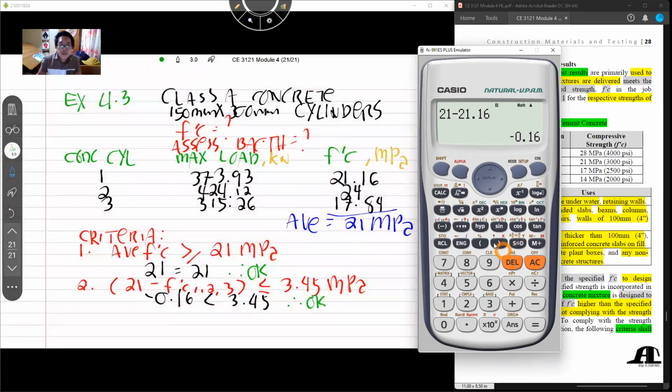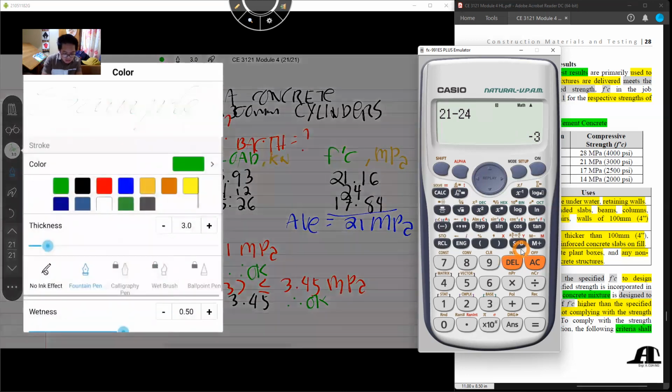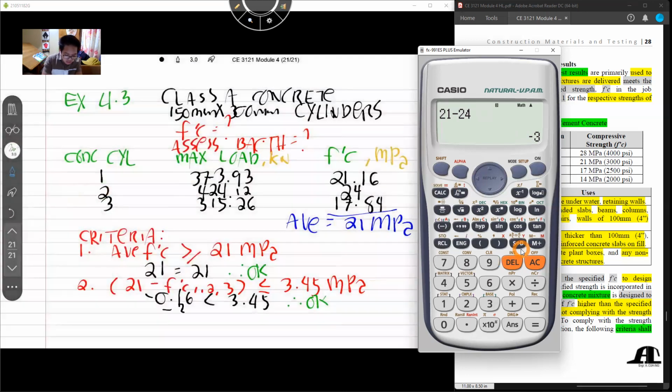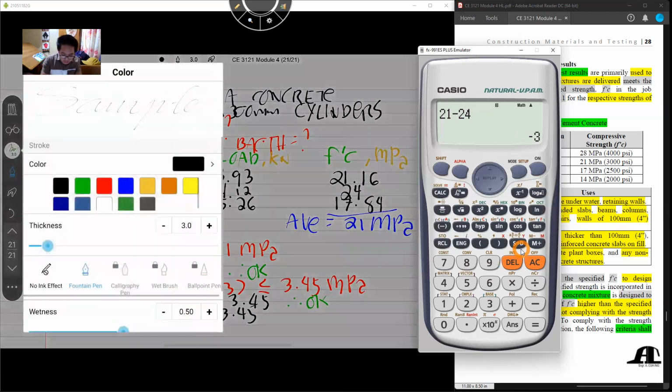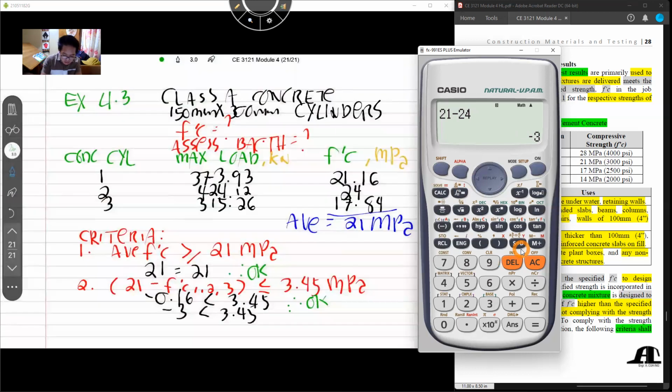Okay? So number 2 namang class, so minus 24. So titignan nyo, mas pasok po ulit kasi negative 3. Negative 3 is still less than 3.45. Okay. So kung titignan mo class, okay.